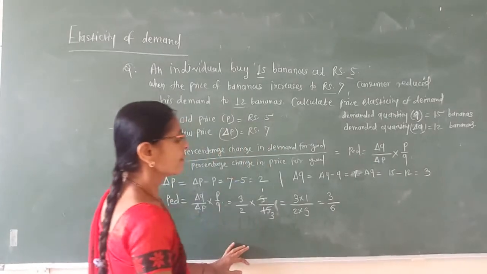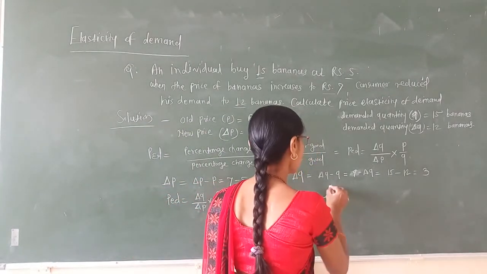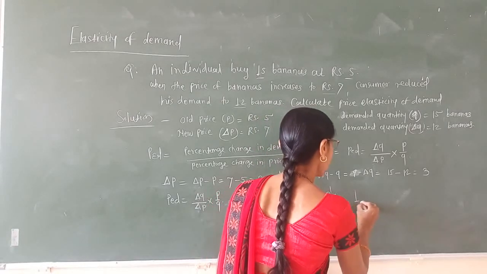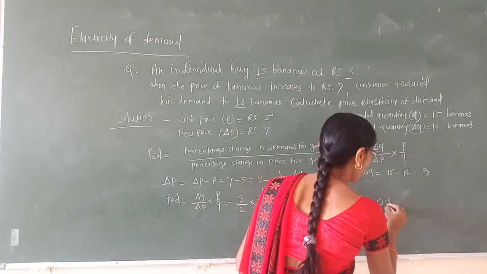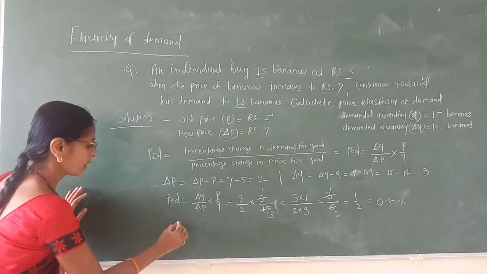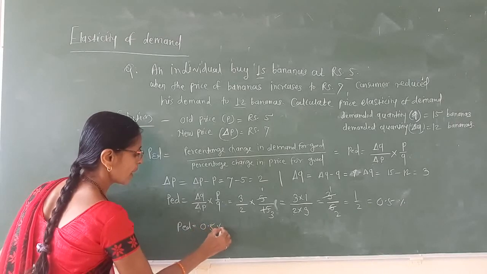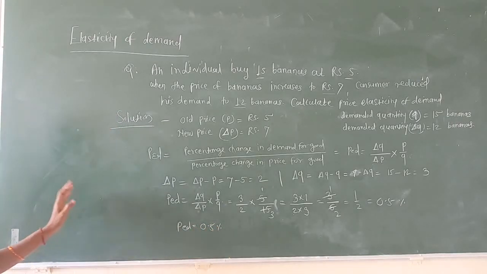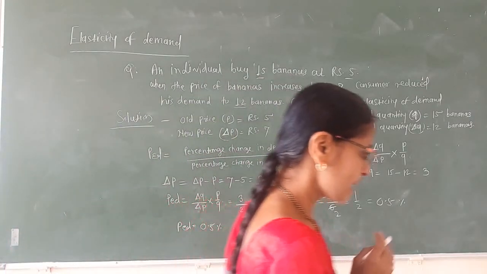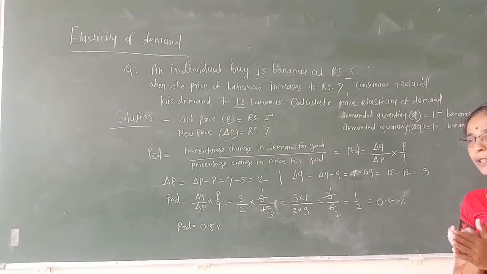Means 3 divided by 6, which is 1 divided by 2. So here the price elasticity of demand is 0.5.